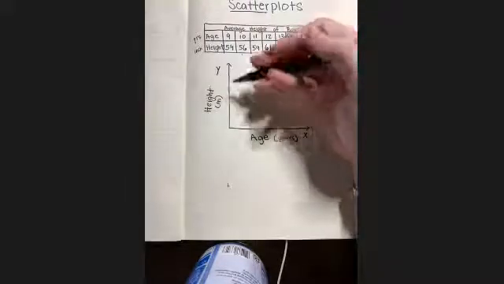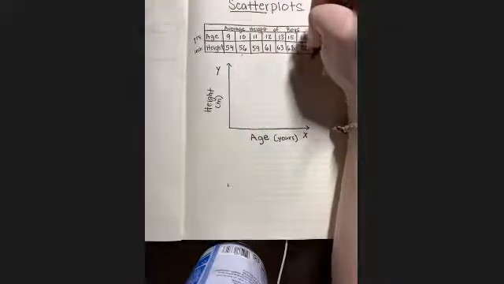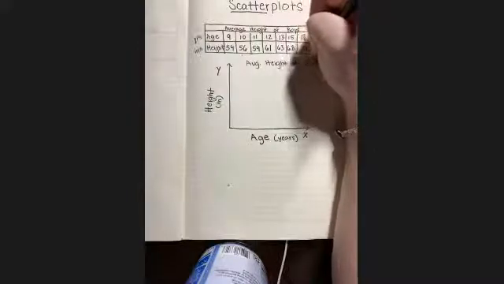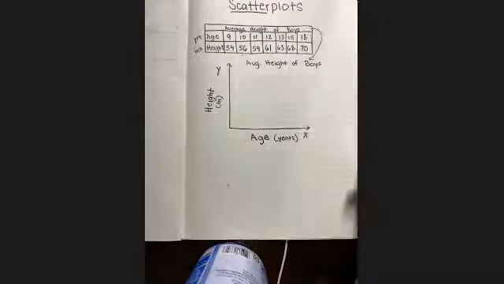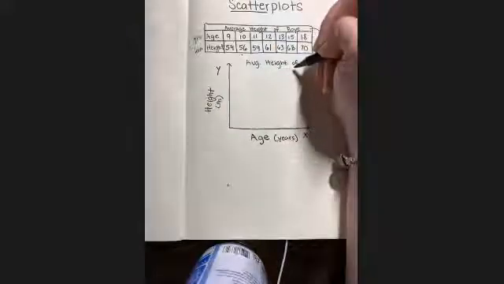And the biggest label of all is the title. So the title from right here is just going to be right here: Average height of boys. Make sure we have our title there.